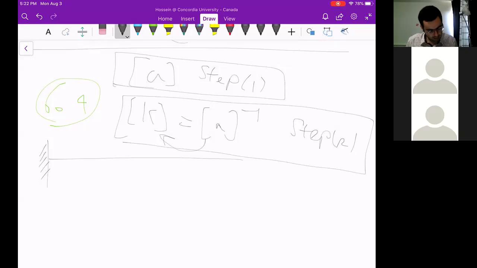So there is a cantilever beam, so let me just write here.